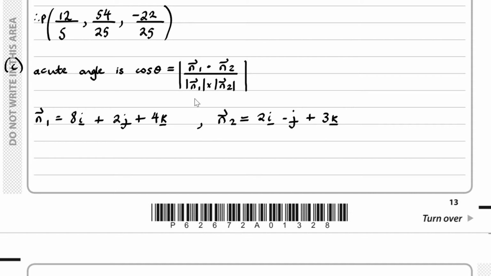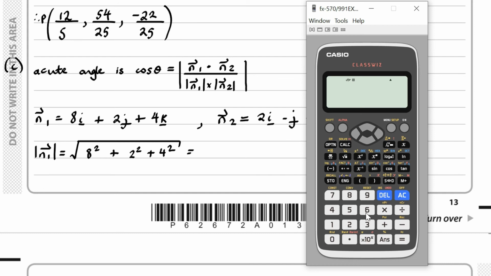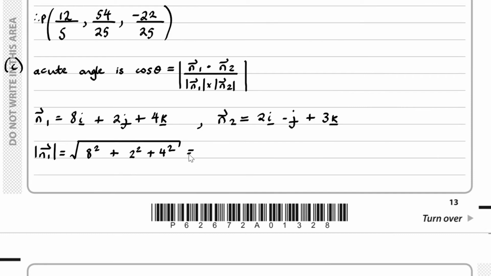So we can first of all find the magnitude of n1. The magnitude of n1 is equal to 8 squared plus 2 squared plus 4 squared, square rooted. If we work all of this out, that's equal to 2 root 21.